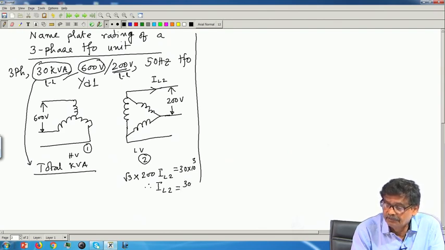Mind you, from this formula you will be able to calculate the line current of the secondary side.